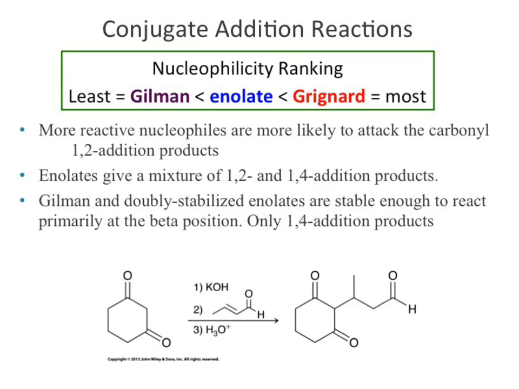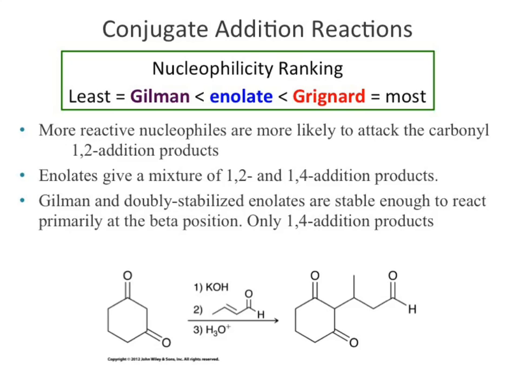More than likely, you won't see any questions in the floating gray area because that becomes a difficult question to ask on any kind of exam. What you need to realize is your extremes. Your Grignards are ridiculously negative, not reversible, so you are going to primarily see the 1,2 addition.